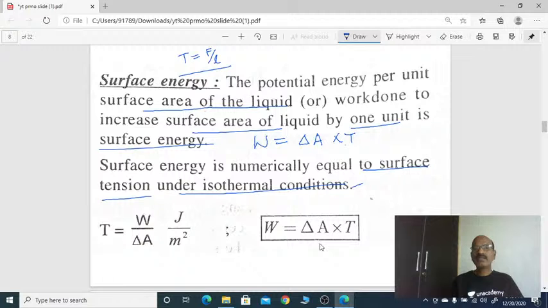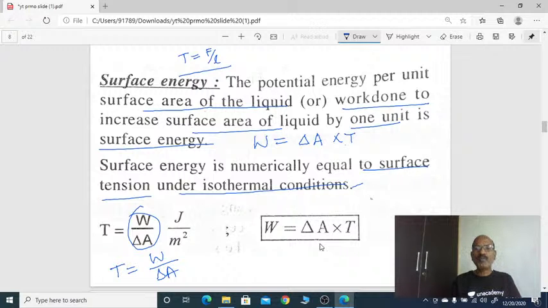So keep in mind, surface tension T equal to work done to increase its surface area. See clearly, surface tension T equal to work done to increase the surface area.